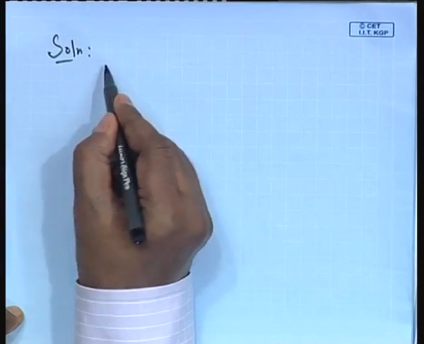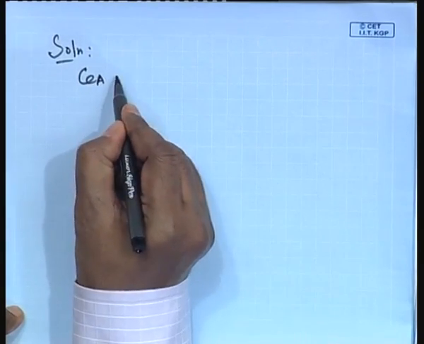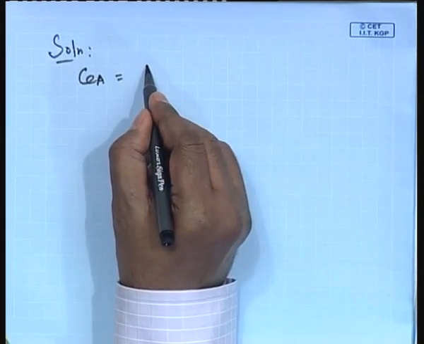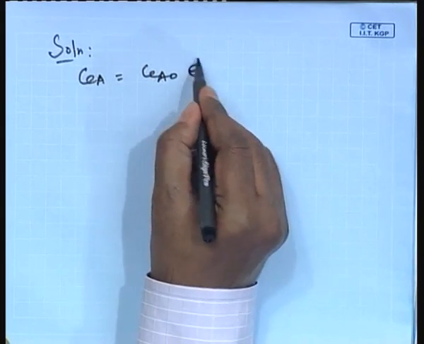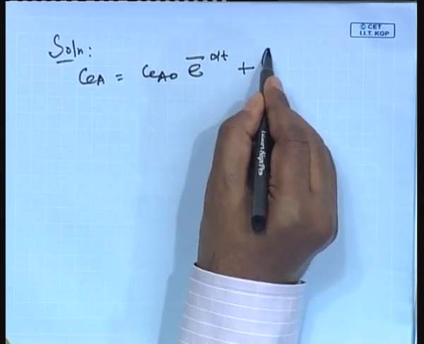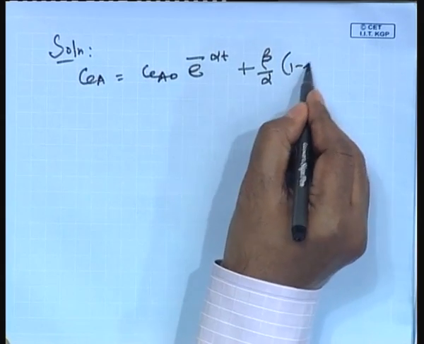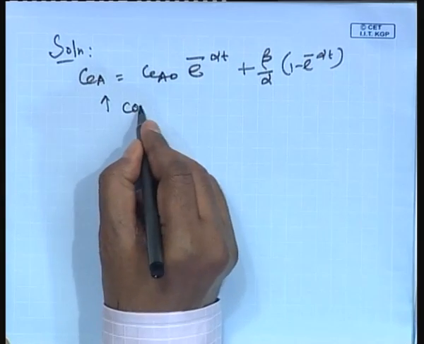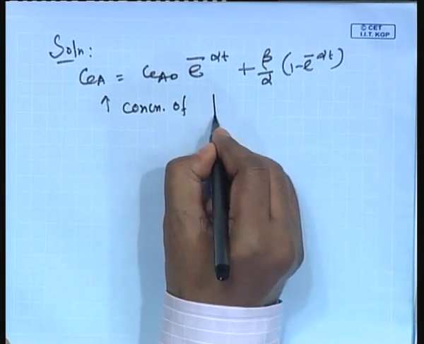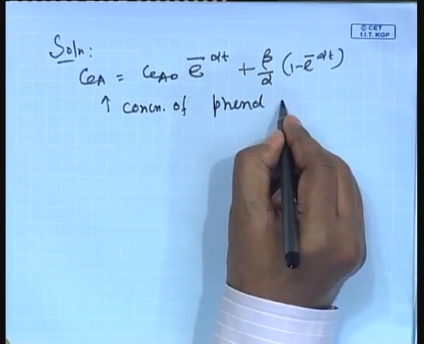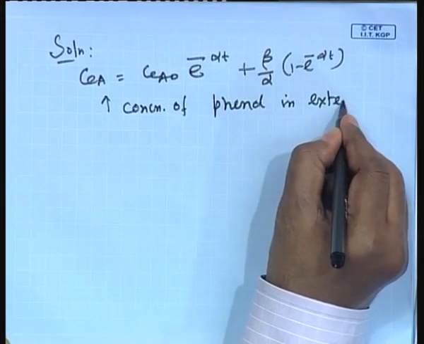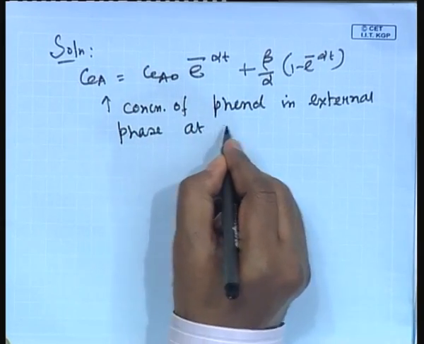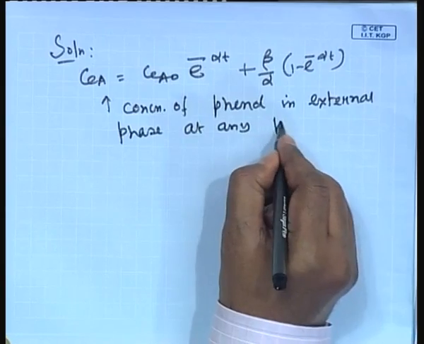We just write down the expression of C_Ea. C_Ea is the phenol concentration in the external phase at any point of time. C_Ea0 e to the power minus alpha t plus beta by alpha times 1 minus e to the power minus alpha t. So, this gives you the concentration of phenol in the external phase at any point of time.